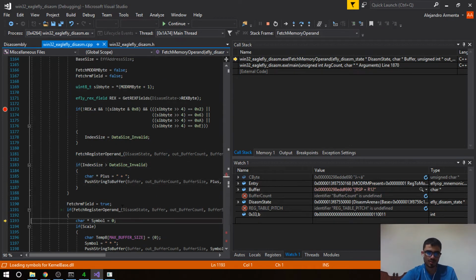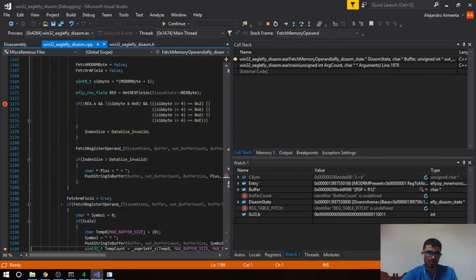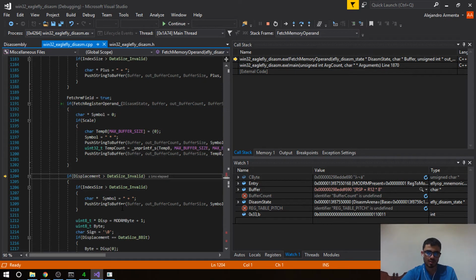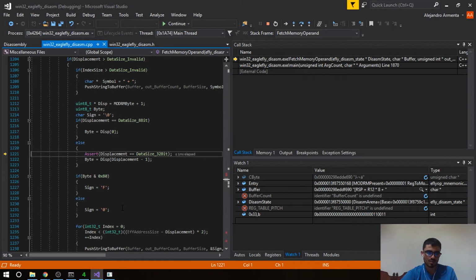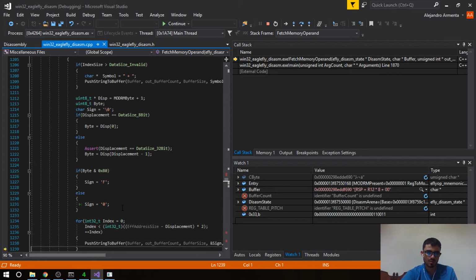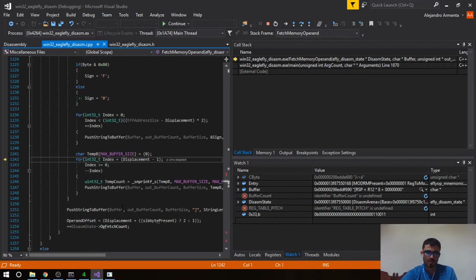We have RSP, R12, scale 8, plus a displacement 32, which is the same thing as before.